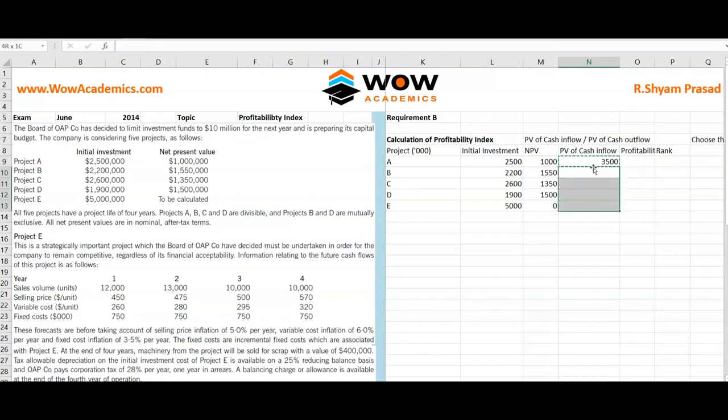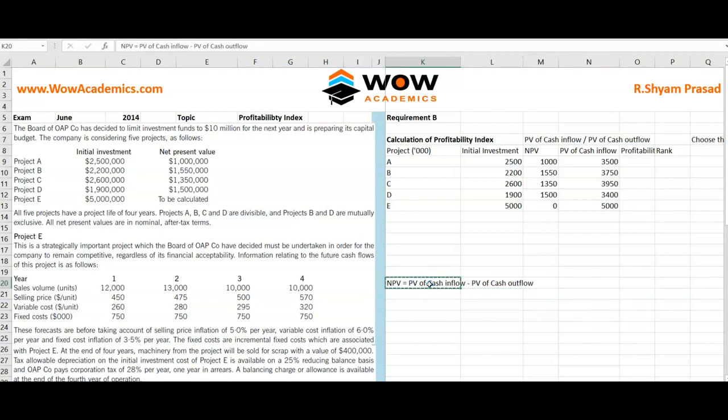So we will fill all the columns. So this is our present value of cash inflow. So if you want, we will do it here. Present value of cash inflow minus present value of cash outflow equals NPV. So what happens is, we know the NPV and the cash outflow.